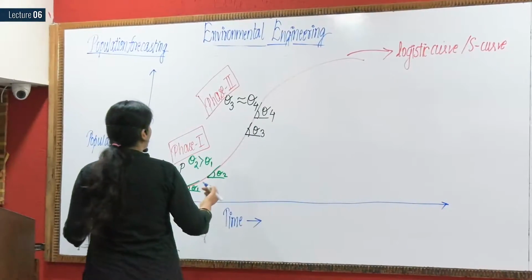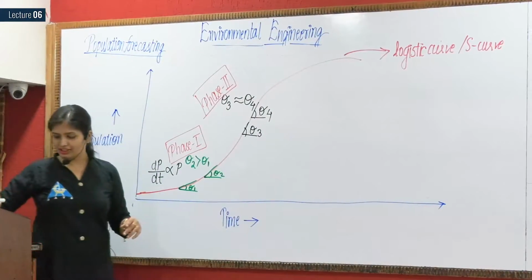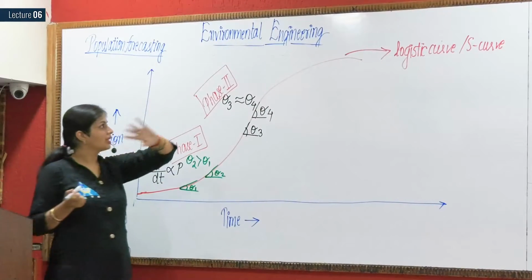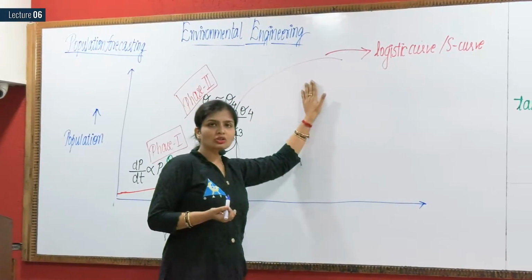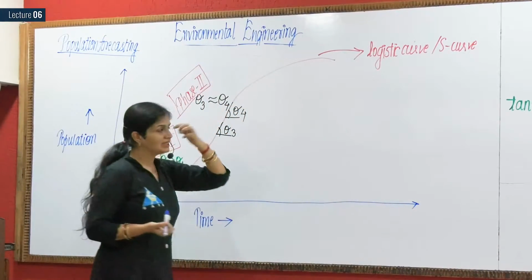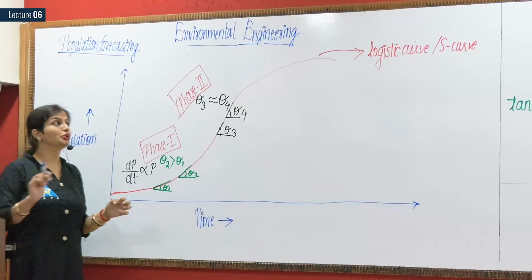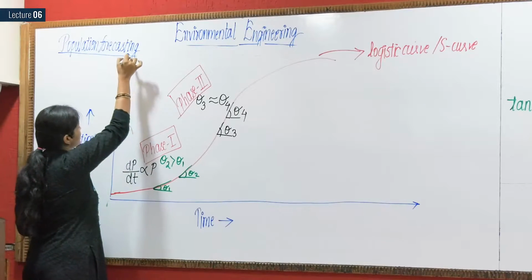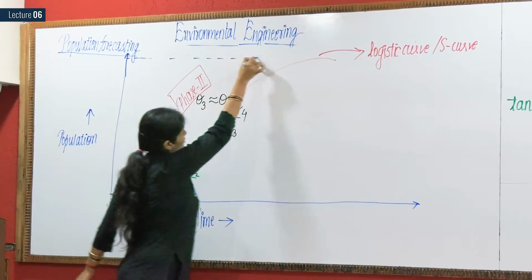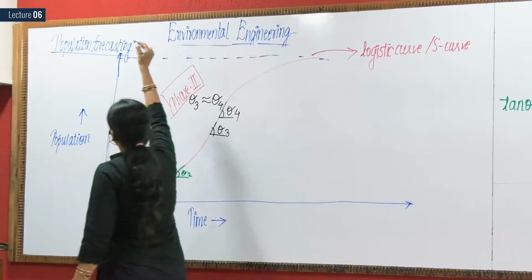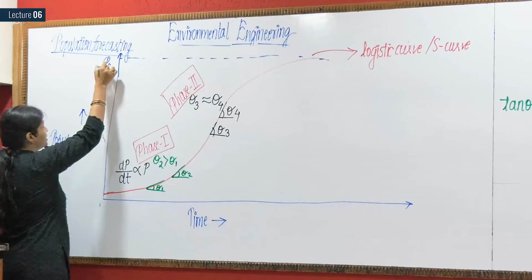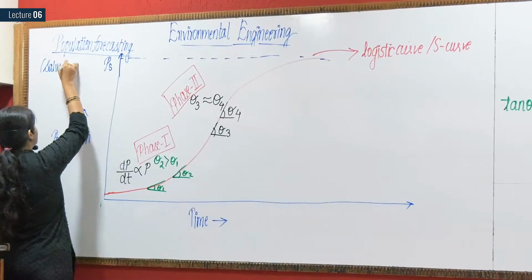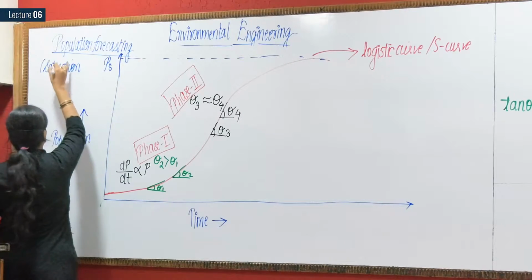Fine. Now coming to the third phase, that is phase 3. I'll take the blue pen. Now see, here also, before dealing with this, I'll tell you one term, that is saturation population. This PS is known as saturation population.